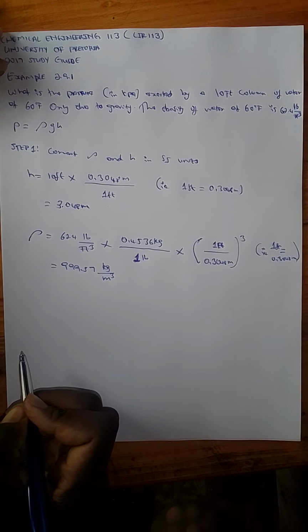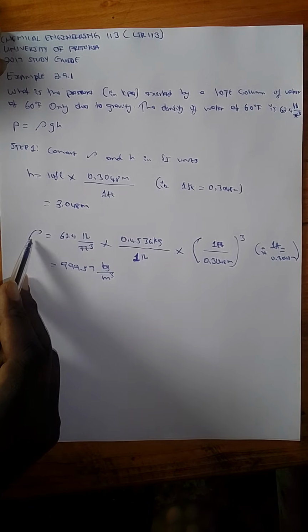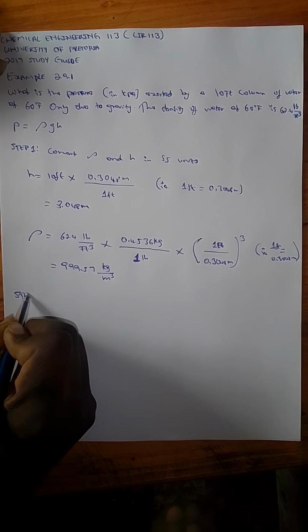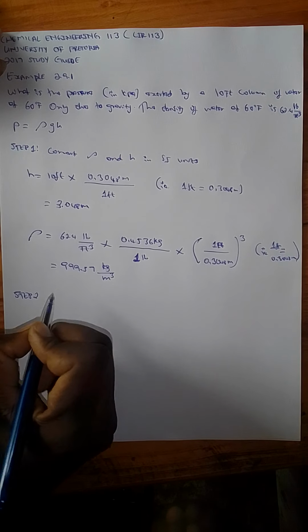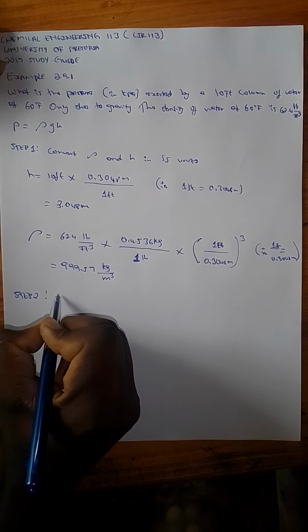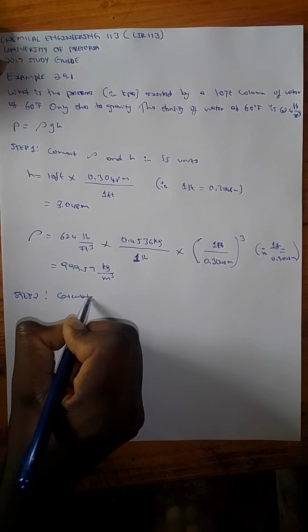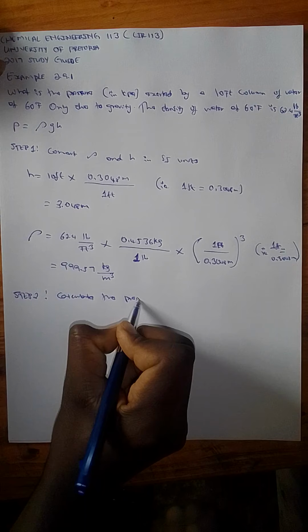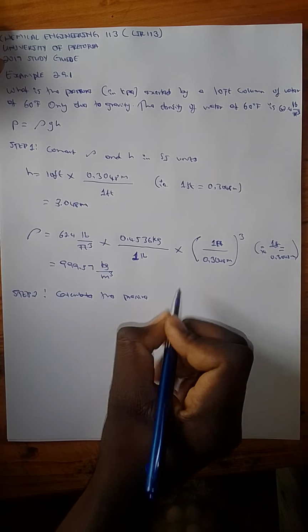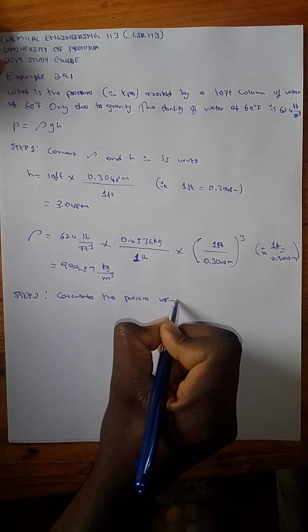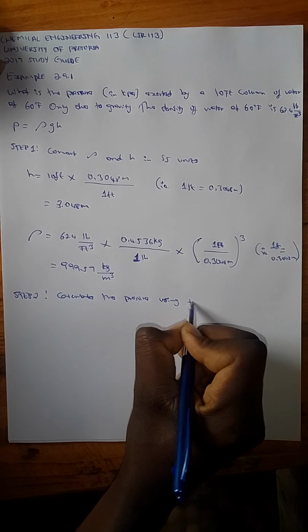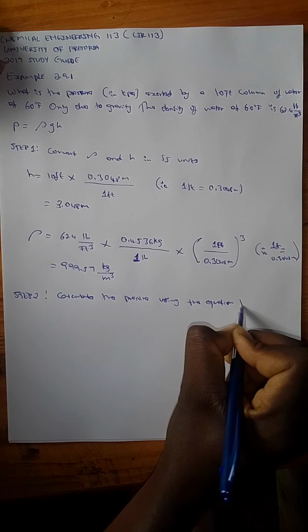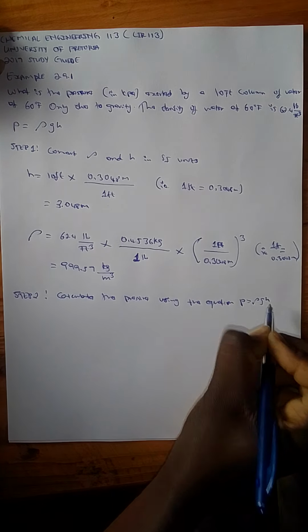Moving forward, we now have our rho and our height in SI units. So we go to step 2: calculate the pressure using the equation P equals rho GH.